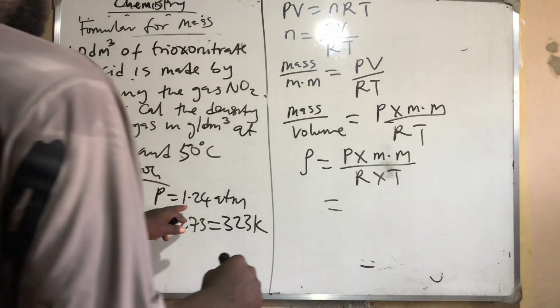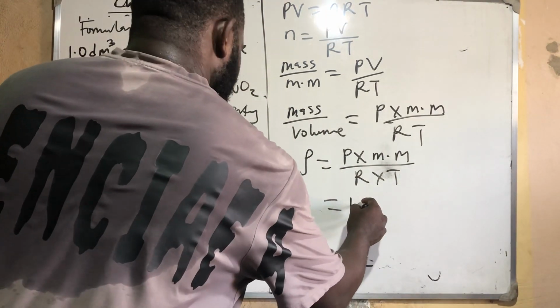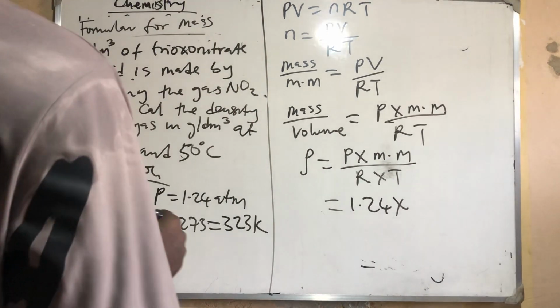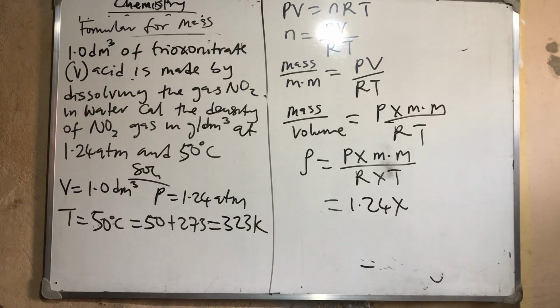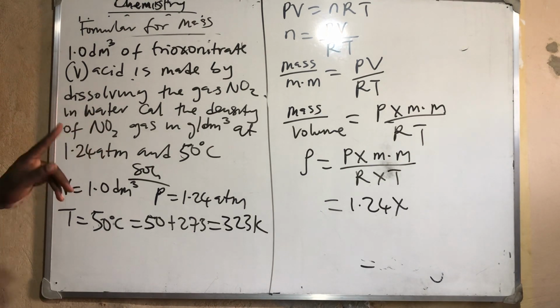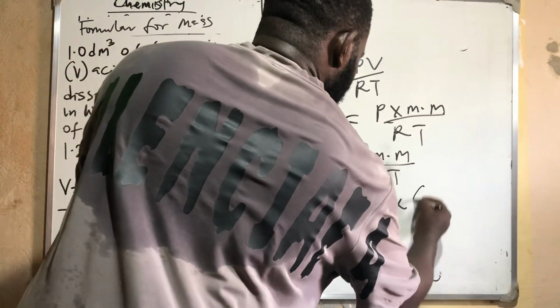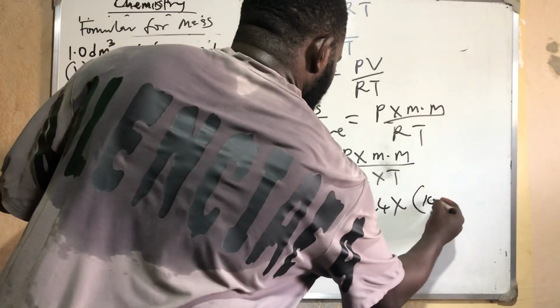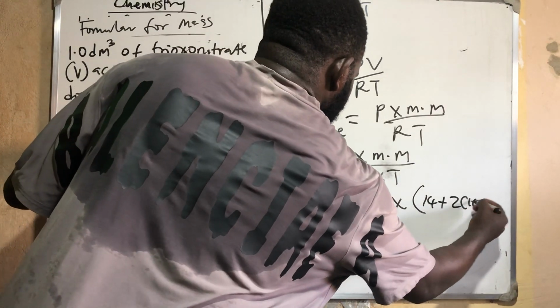The pressure is 1.24 times the molar mass. We are calculating the density of nitrogen dioxide, and the molar mass we have gotten before as 46, that is nitrogen 14 plus 2 of 16.